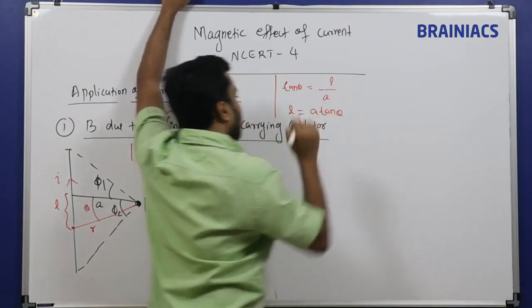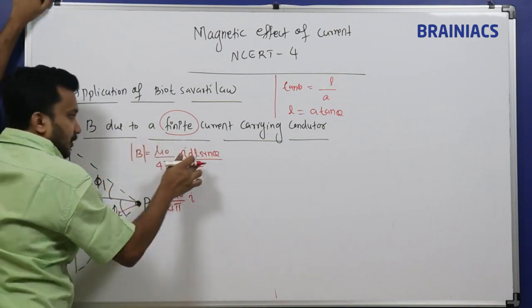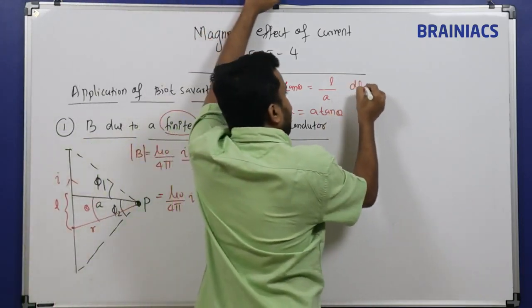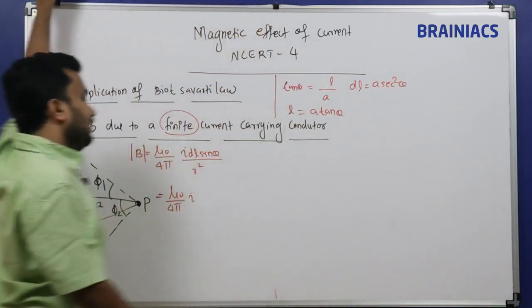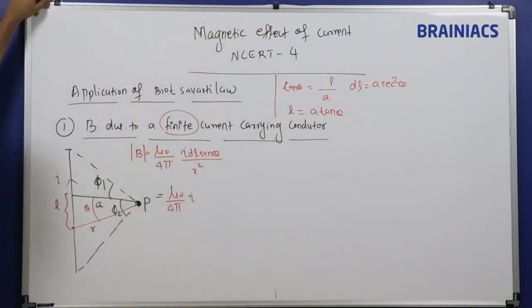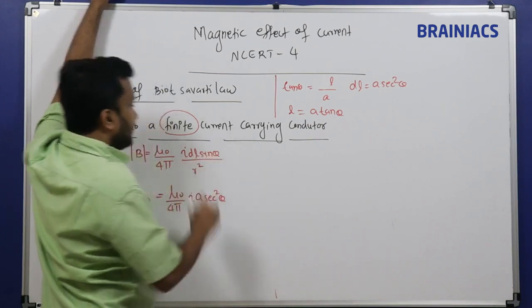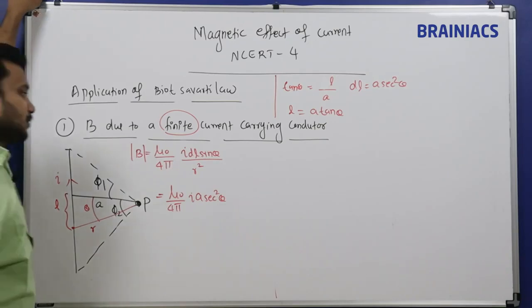Now as per the formula we need dl. So dl will be equal to a into sec square theta, because the differentiation of tan theta is sec square theta. So I into a into sec square theta.